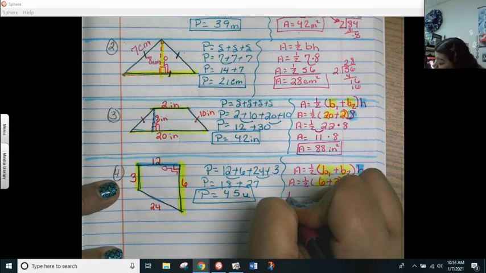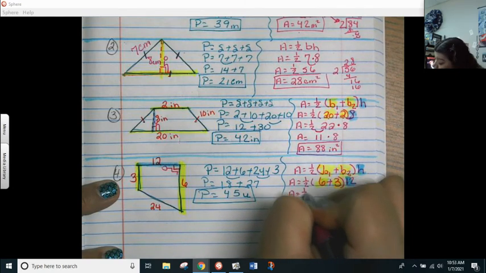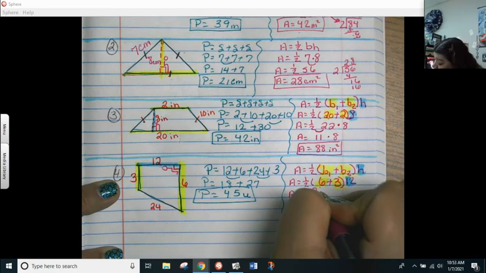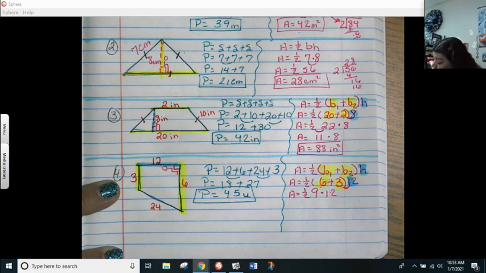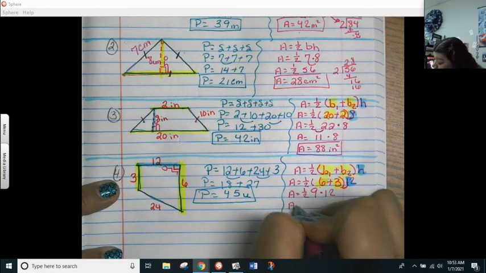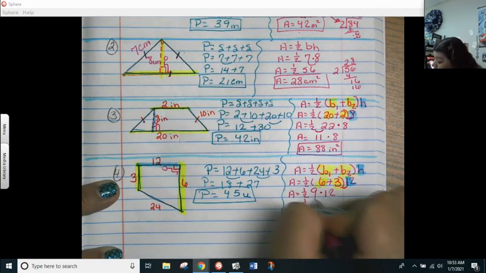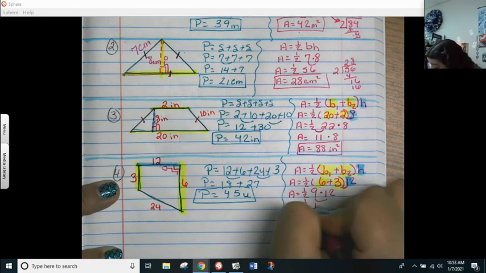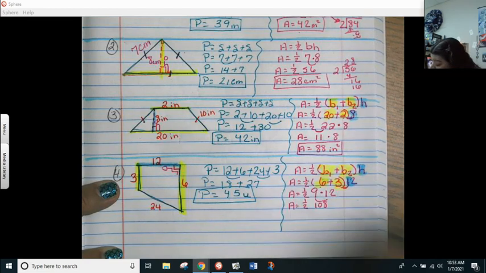So now we're going to go ahead and do the parentheses first. So 6 plus 3 is 9 times 12, okay? And then 9 times 12 is 108.